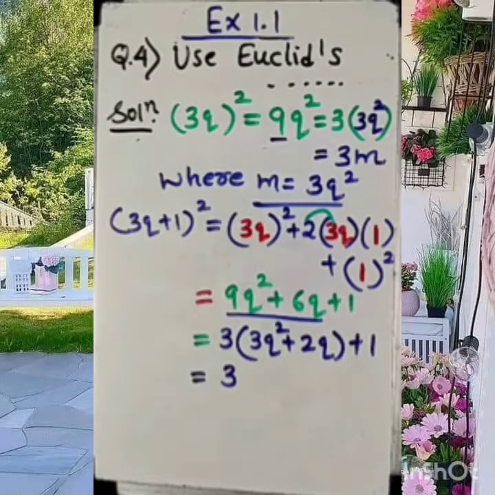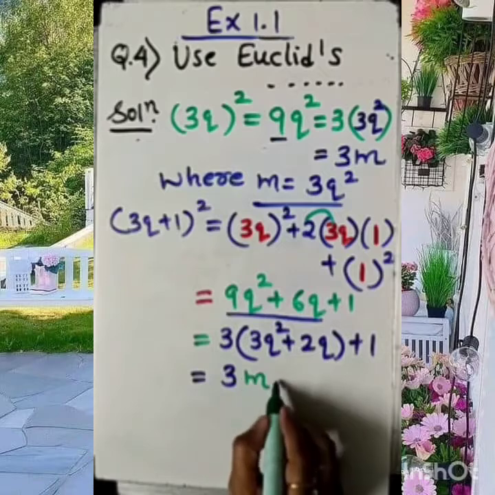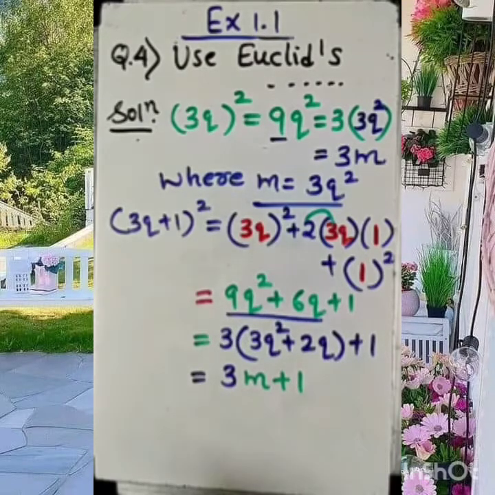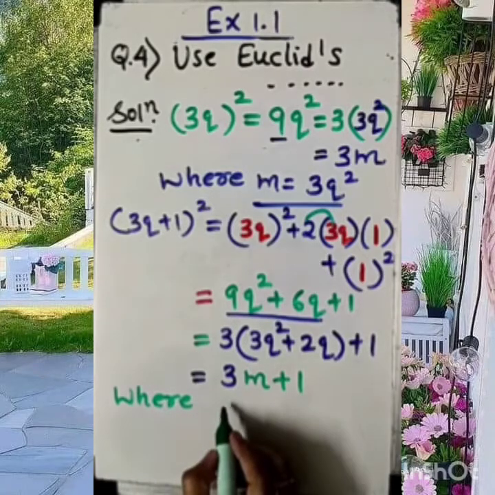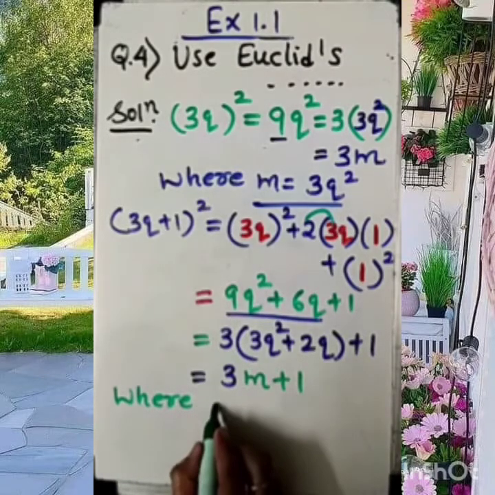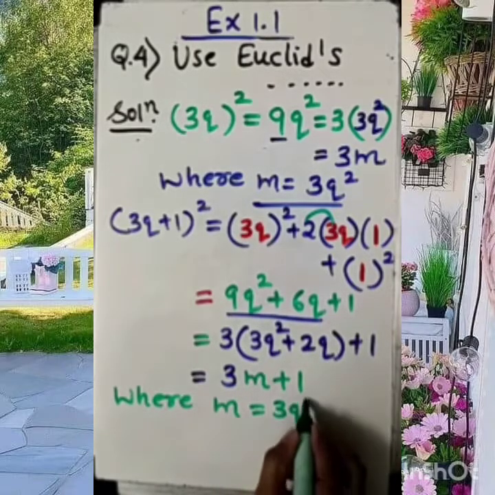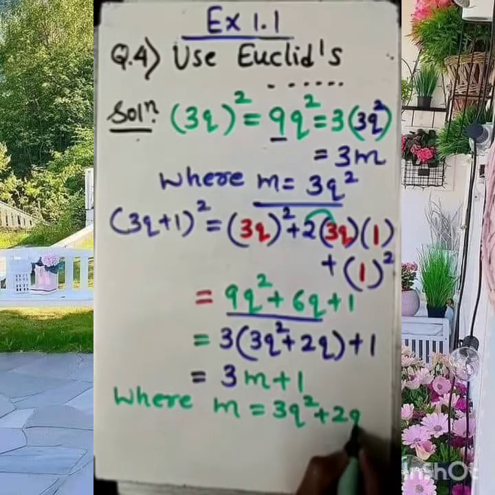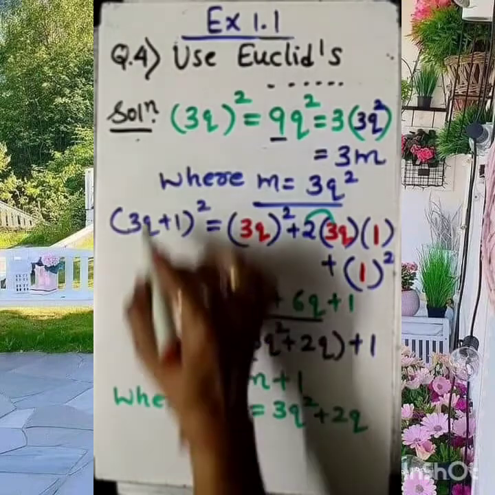We want to bring them into 3m plus 1 form. So this is 3m plus 1, where m equals 3q square plus 2q. So we have successfully found it for 3q.